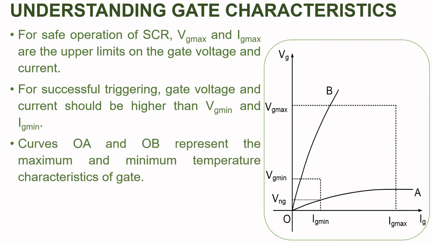The curves OA and OB represent the maximum and minimum temperature characteristics of the gate. These curves provide us with the temperature limits for the operation of the gate. Hence, for safe operation of the SCR and for successful triggering, we need to operate above the OA curve and below the OB curve.